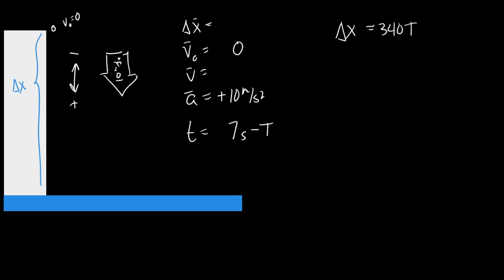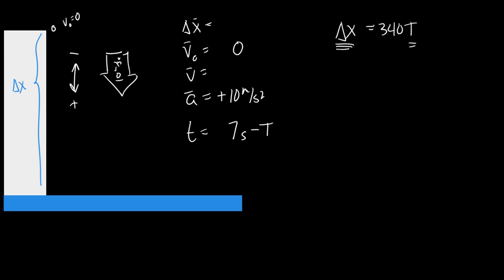And I know how fast it travels. So I'm going to remember that this is the distance that the sound has to travel to get back to my ears. It's a displacement. This is the time that the sound takes to travel to me. And I created a relationship that has two unknowns in it.